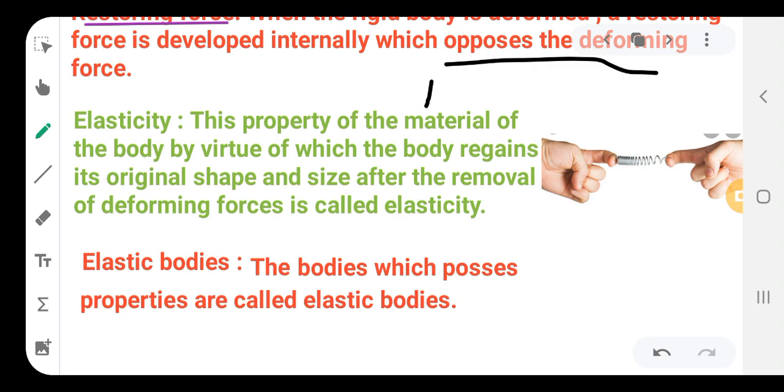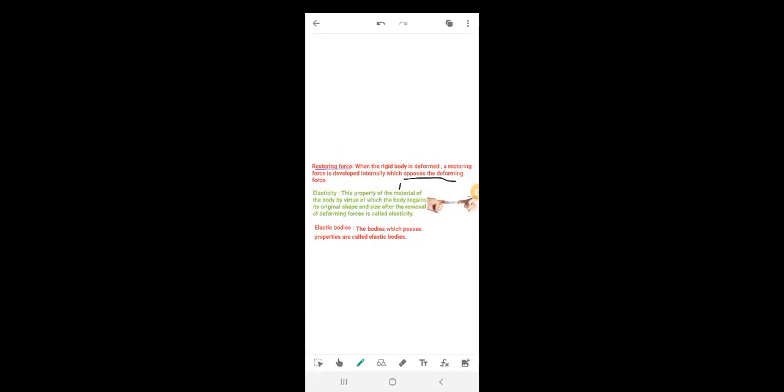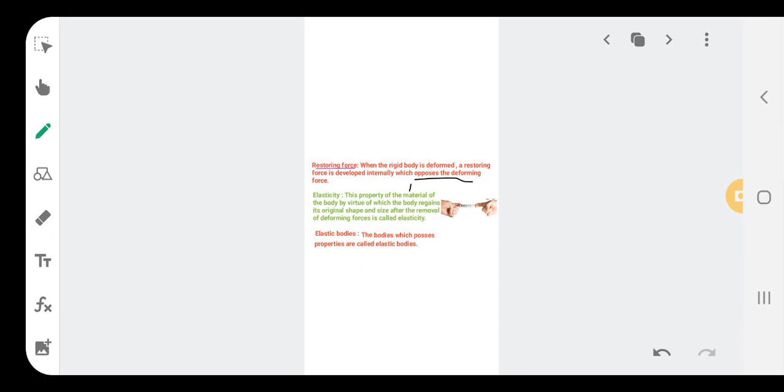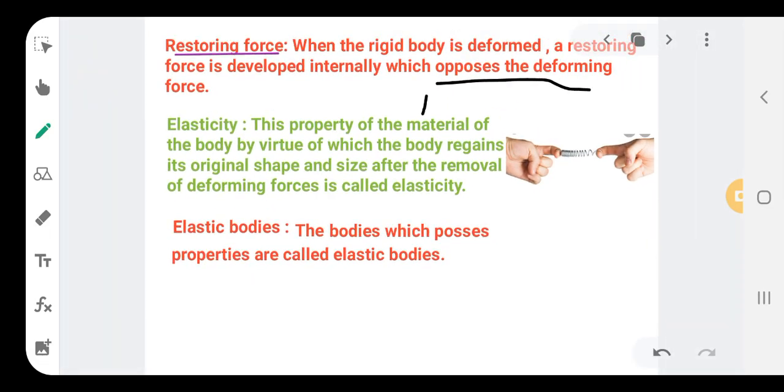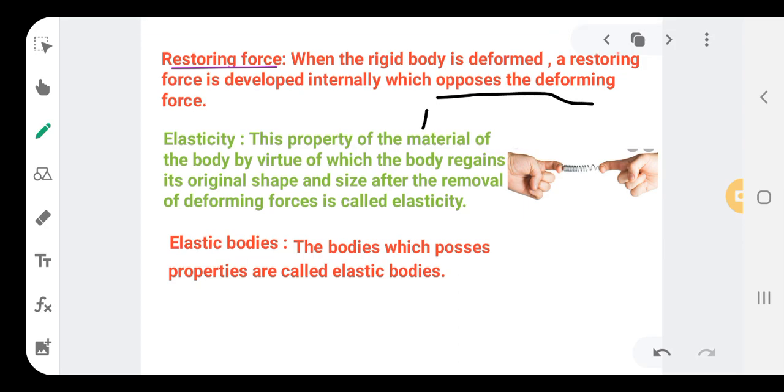That is known as the restoring force. So when a rigid body is deformed, a restoring force is developed internally which opposes the deforming force.